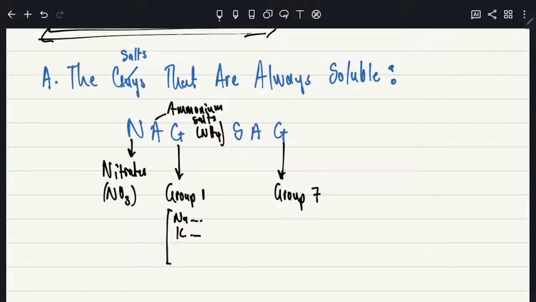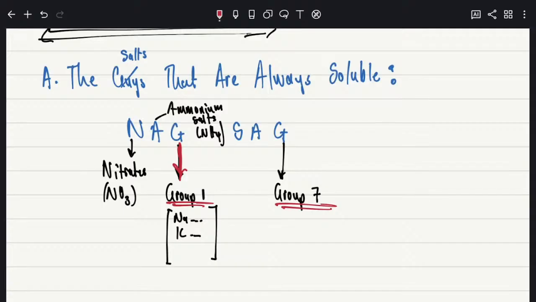Are you seeing this? These are going to be soluble. Then these are the S. So the G's are for groups, group 1 and group 7. If you meet something that has anything from group 1 or from group 7, it will be soluble.